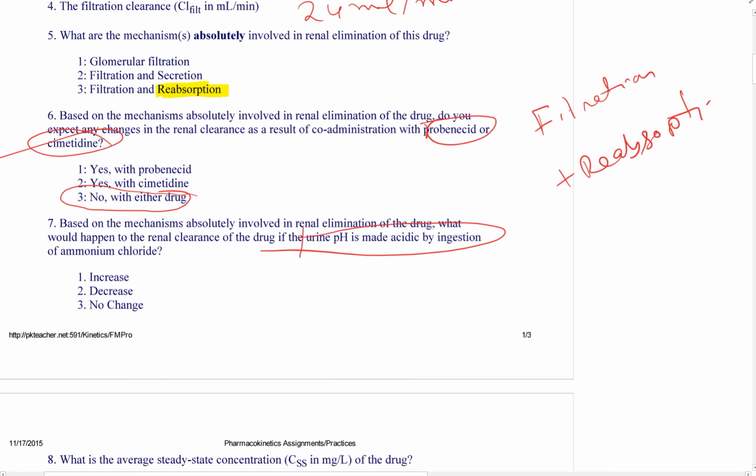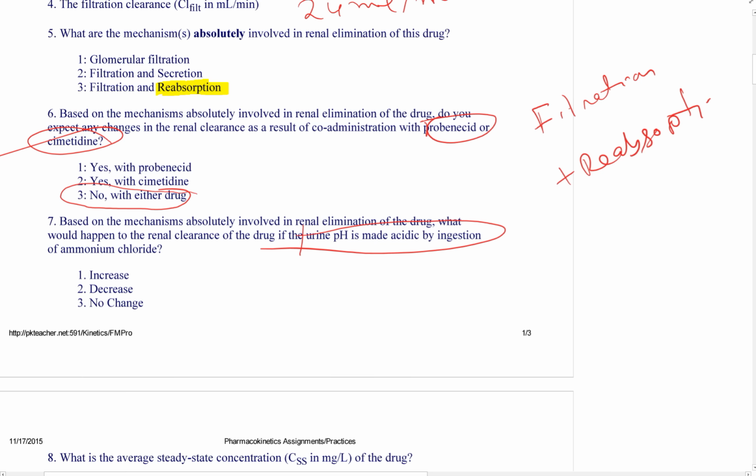In this case, the pH is made acidic, and our drug is acidic. So making the urine more acidic will increase tubular reabsorption.